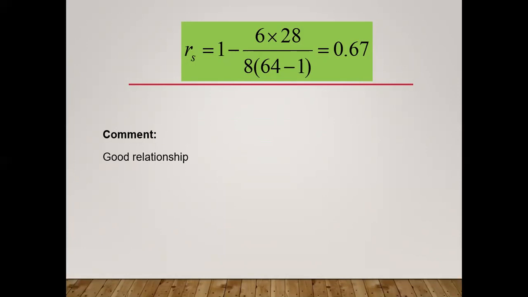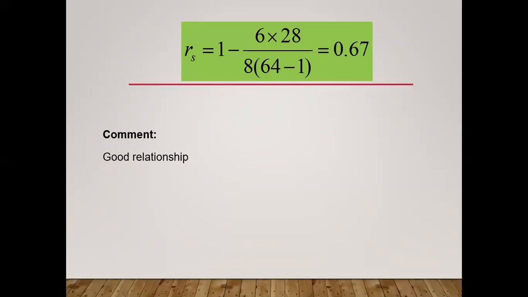Sometimes judges maybe can be corrupt. Sometimes you find judges not giving ranks fairly. So that's why we're looking at whether the two judges are honest or not.